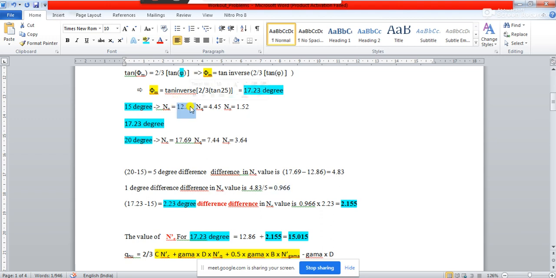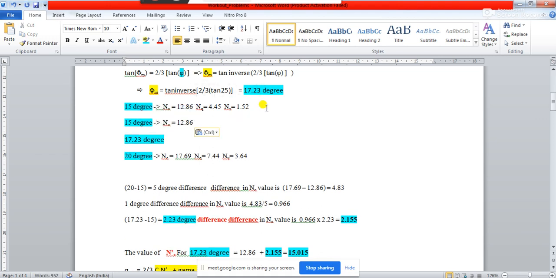For 15 degree the value is this much. So for every 1 degree change, for 16 degree what will be the value? You tell me. For 16 degree the value will be this, plus for 1 degree change we know what the change is, 0.966. Correct?